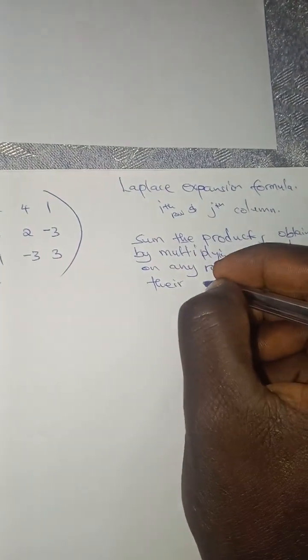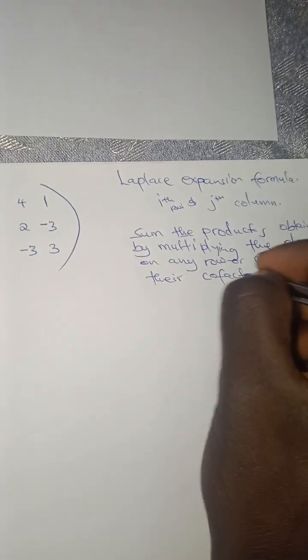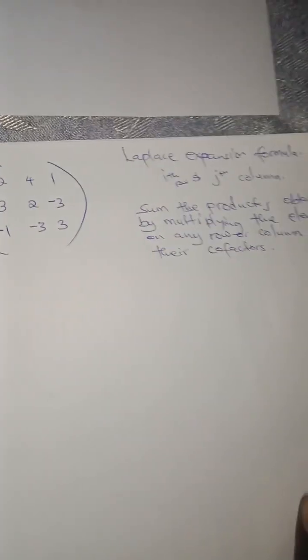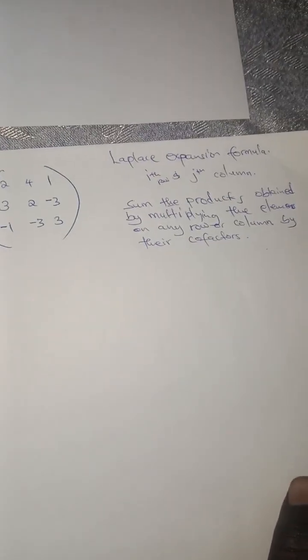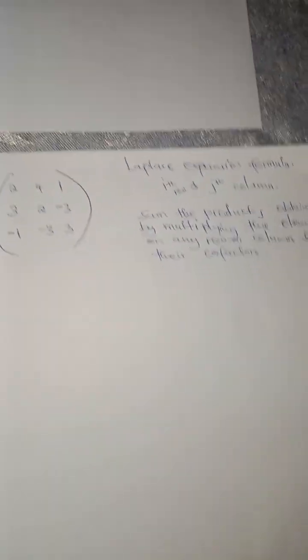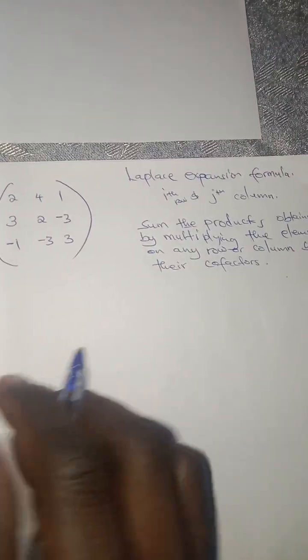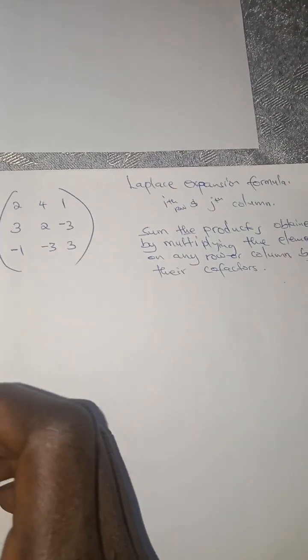It is very clear that in order to find the determinant of a 3 by 3 matrix by invoking the Laplace expansion formula, we are required to sum the products obtained by multiplying the elements.